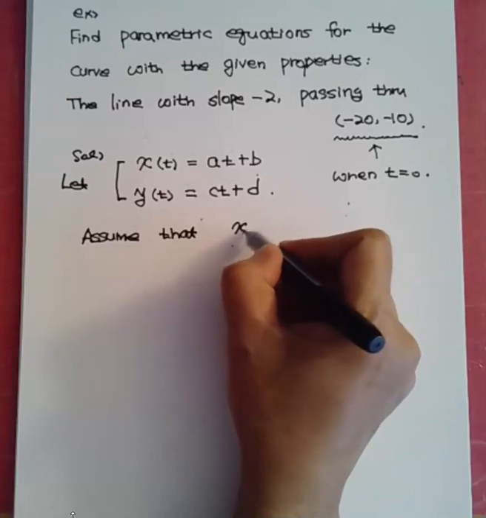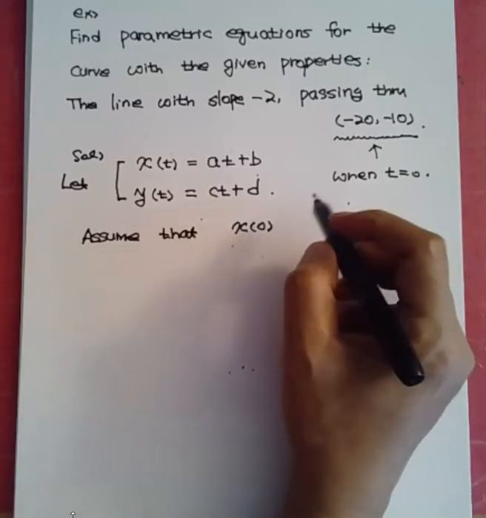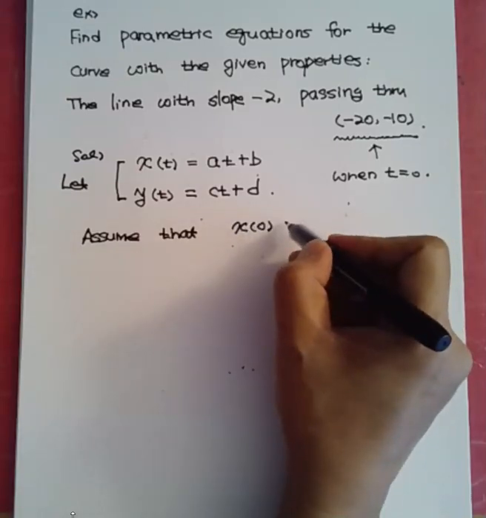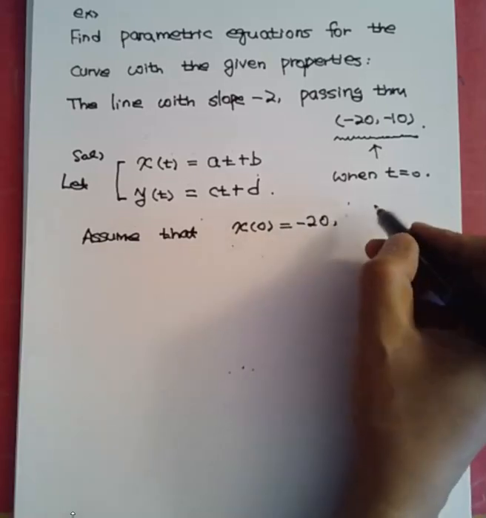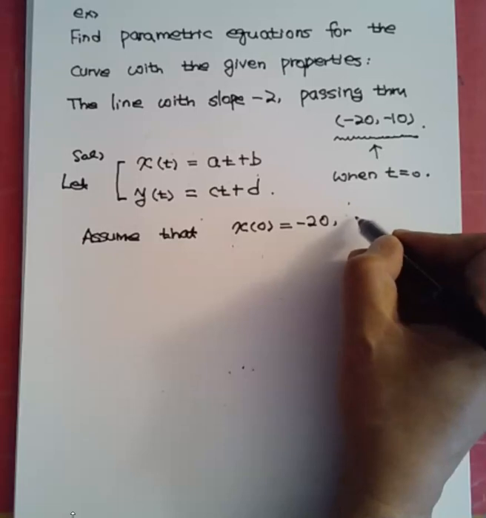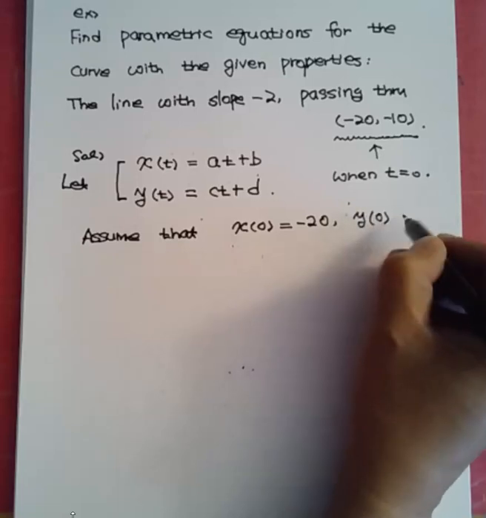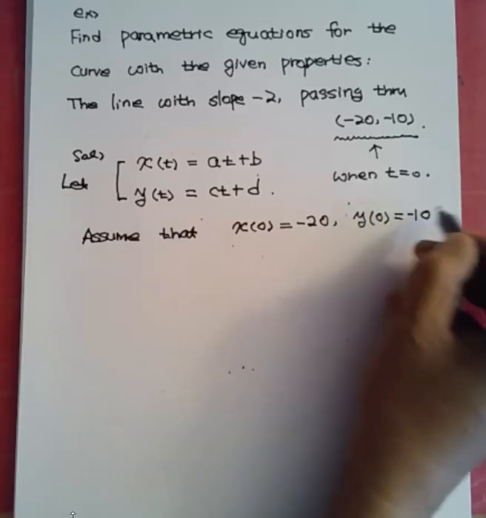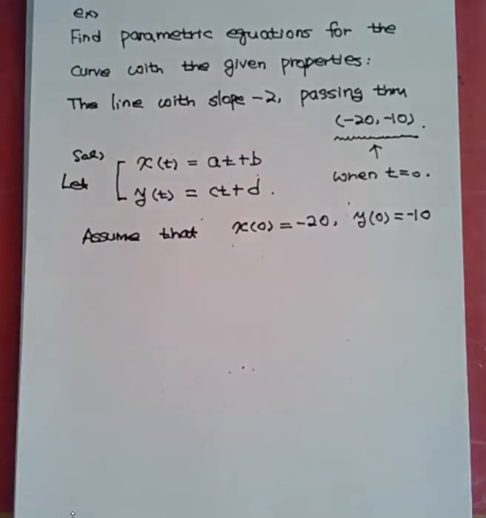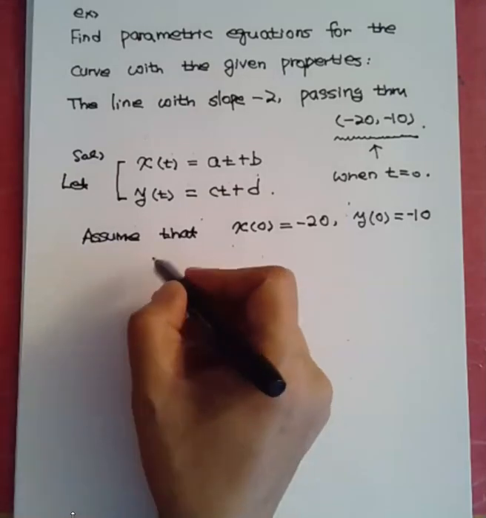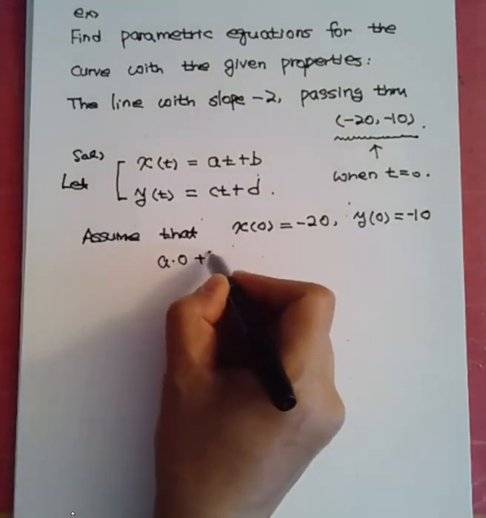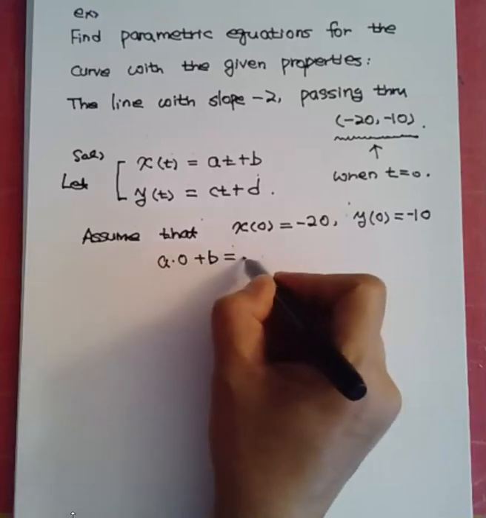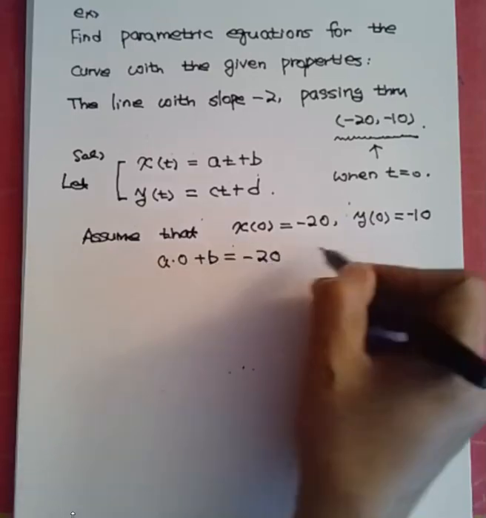Then we can rewrite the equation as x of 0 equals -20, y of 0 equals -10. X of 0 equals a times 0 plus b, that equals -20.